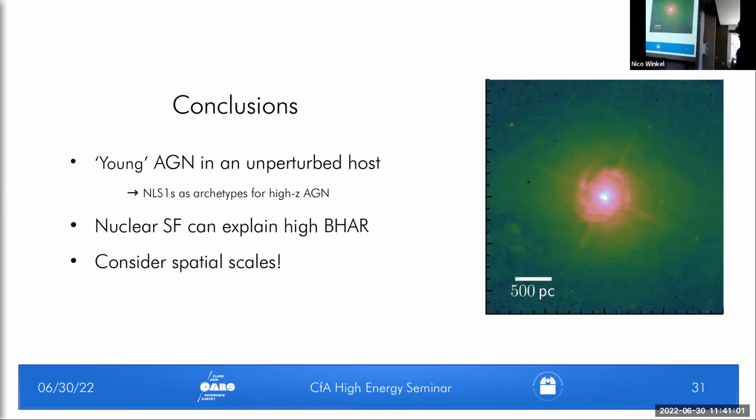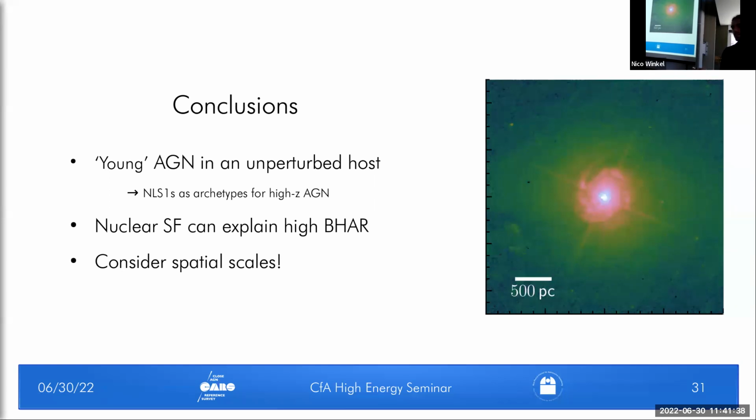so I can conclude at this point that what we have learned from studying this single case of a highly accreting AGN, Markarian 1044, is a young AGN in the sense that we do not observe any disturbances from the AGN on host galaxy scales, even very close to the center, down to 30 parsecs. There is a lot of ongoing star formation close to the nucleus and no signatures of an extended outflow, neither in the kinematics nor in the ionization that we measure.